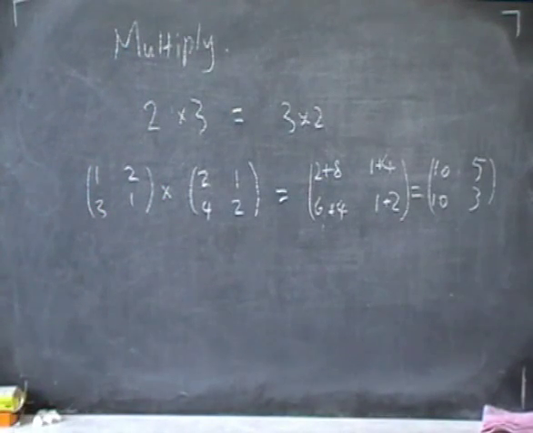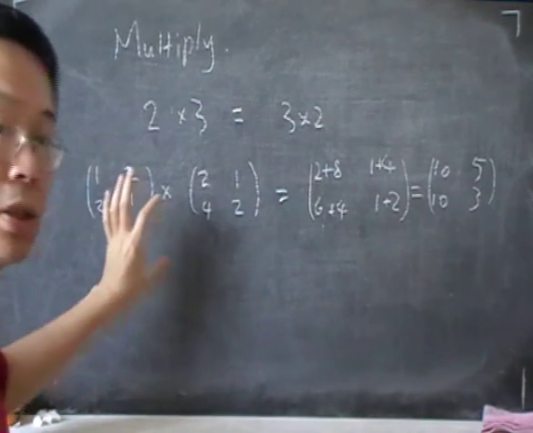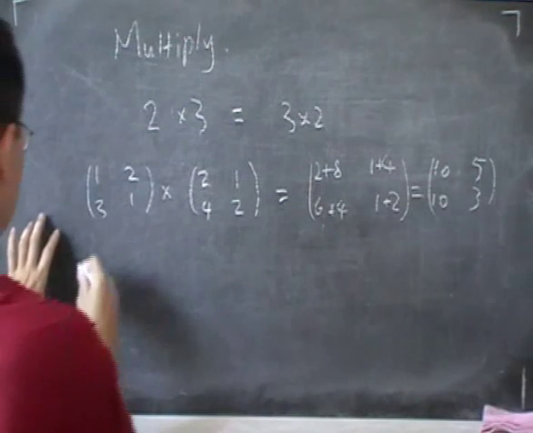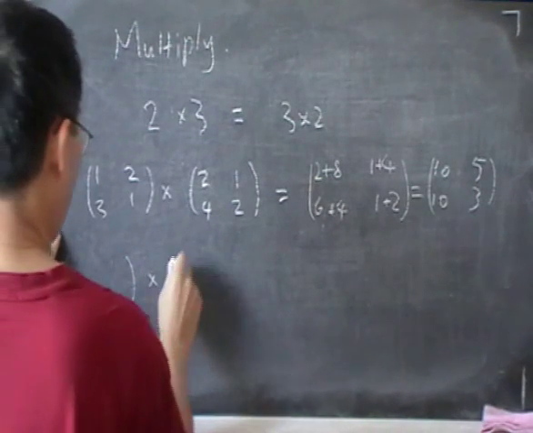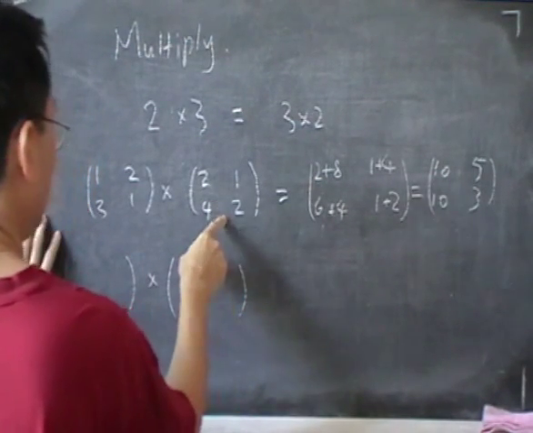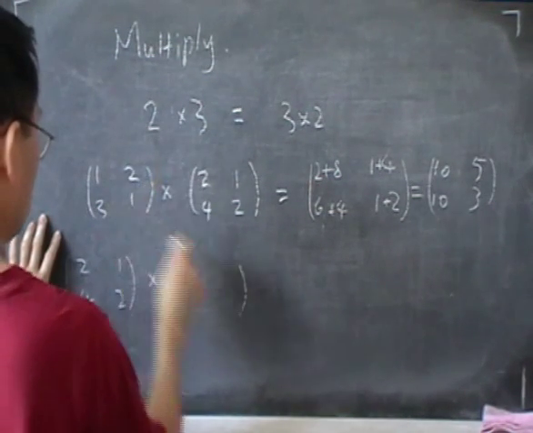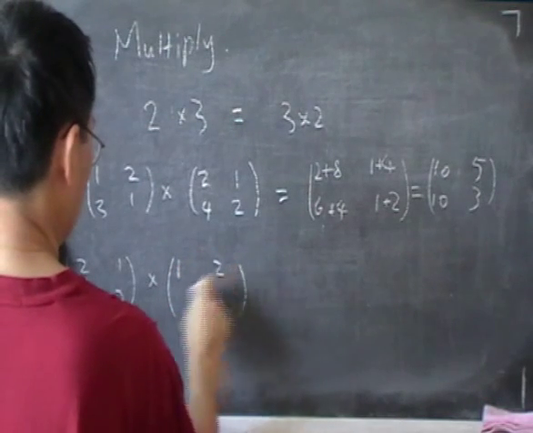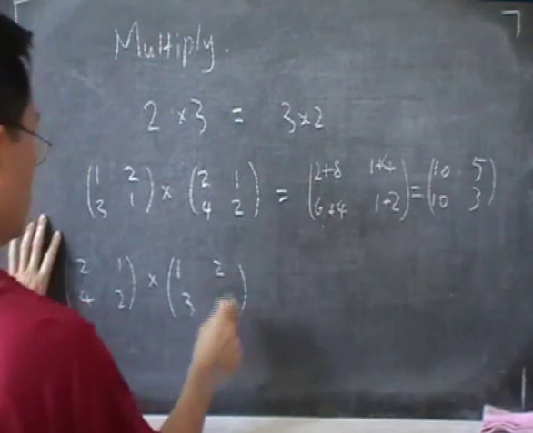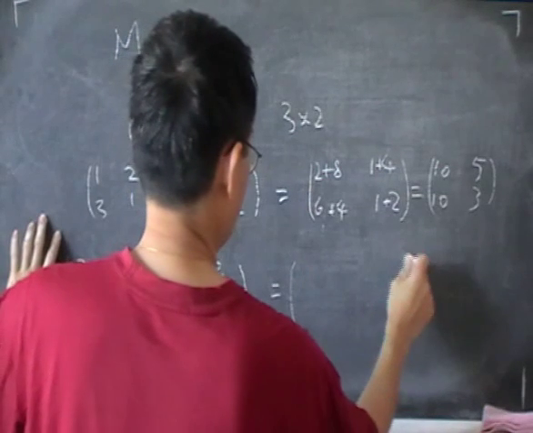Alright? Now let me try to do it the other way around and see what happens. So I'm going to put that matrix here, 2, 1, 4, 2, and this matrix here, 1, 2, 3, 1. Let's try that.